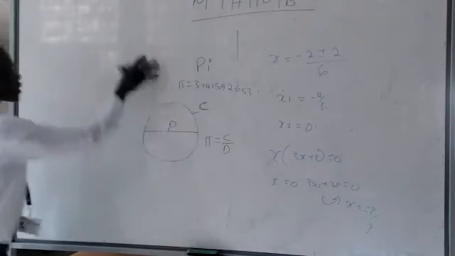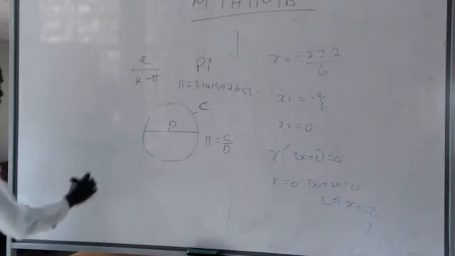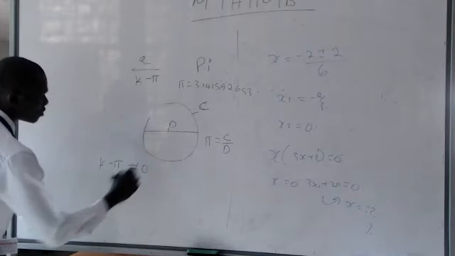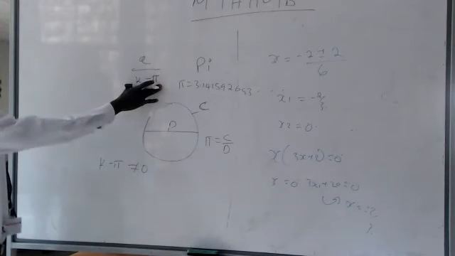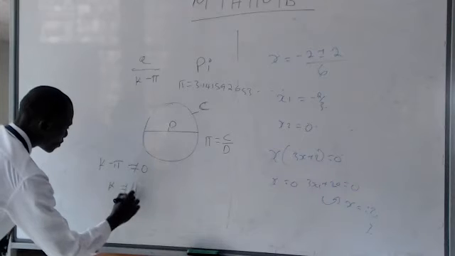Now, in this case, rational functions are only defined when the denominator is not 0. So straight away, k minus pi must not be equal to 0 because you don't want to divide by 0. This means that k must not be equal to pi.